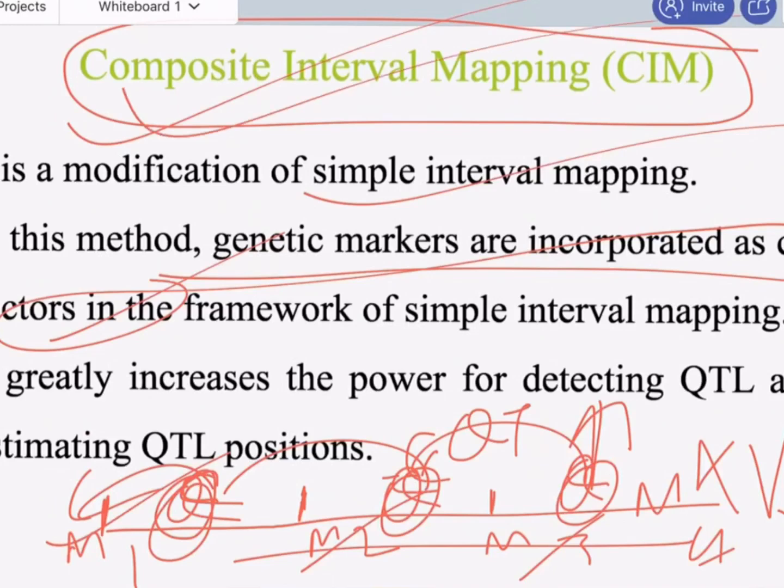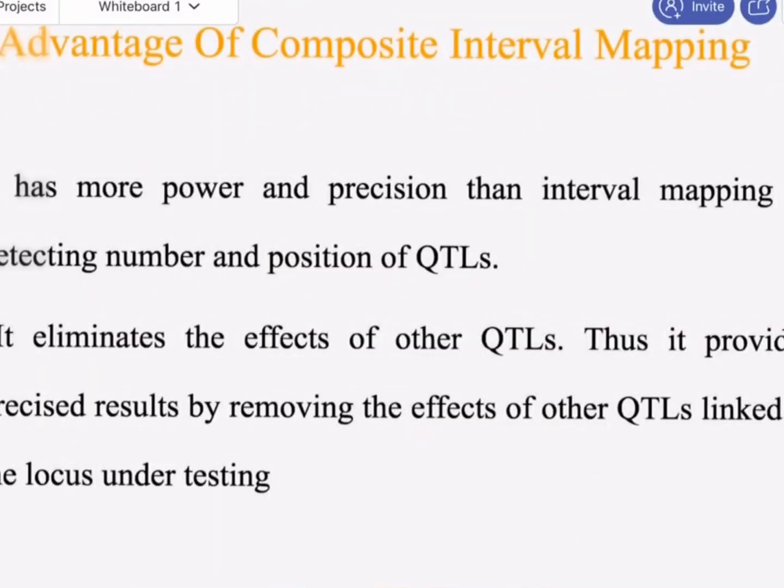Okay, composite interval mapping or CIM is also known as combined interval mapping, multiple QTL model, or marker-QTL-marker analysis. Let's come to the advantage of composite interval mapping.